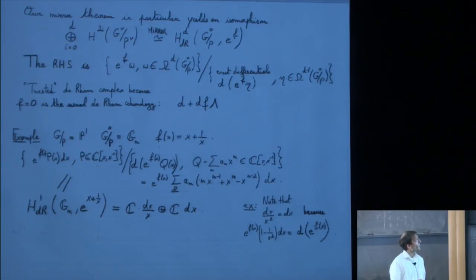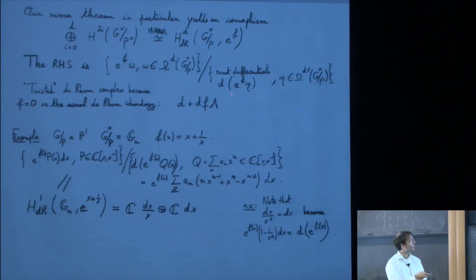Like a homological consequence also, I hinted at before: if you take this Landau-Ginzburg model, you take de Rham cohomology of this integrable connection with these twisted coefficients. What it means is you take all the differentials times exponential, modulo exact differentials, like you would do in usual de Rham cohomology, but with exponential f.